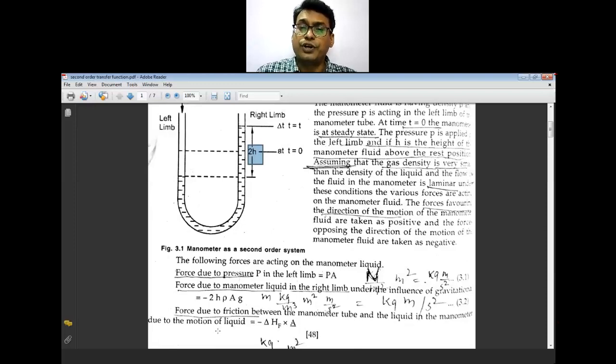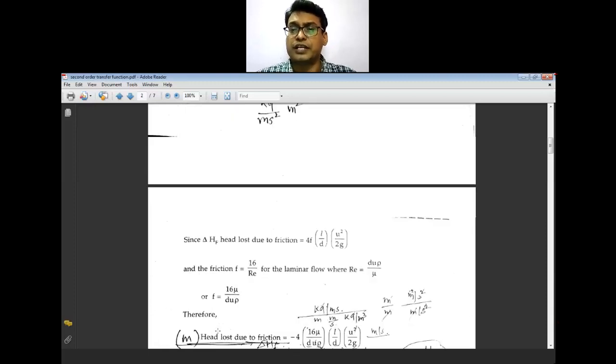You have already studied delta HF in fluid mechanics: it is 4F L upon D into U square upon 2G, where F is the friction factor, L is the length, D is the diameter, and U is the velocity. And F is equal to 16 upon Re for laminar flow, where the Reynolds number is D U rho upon mu. So F becomes 16 mu upon D U rho.